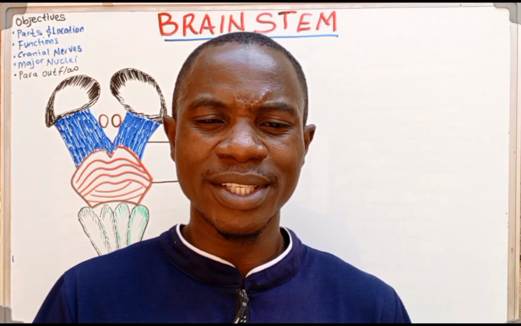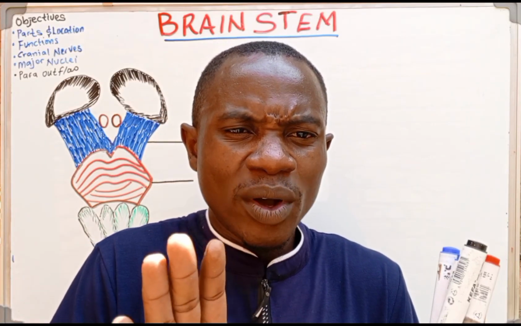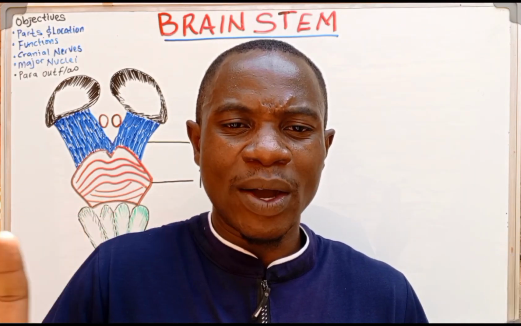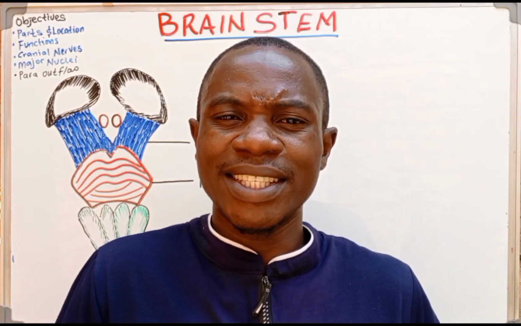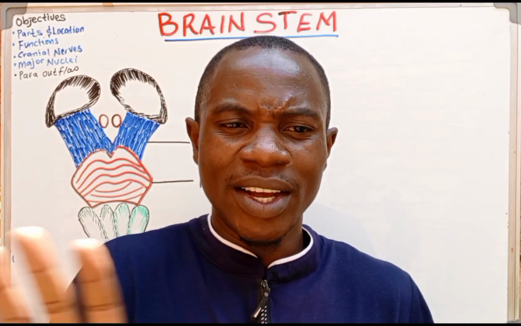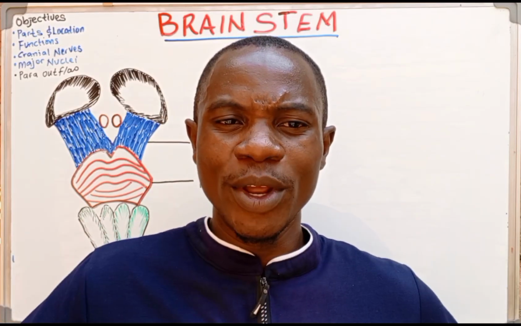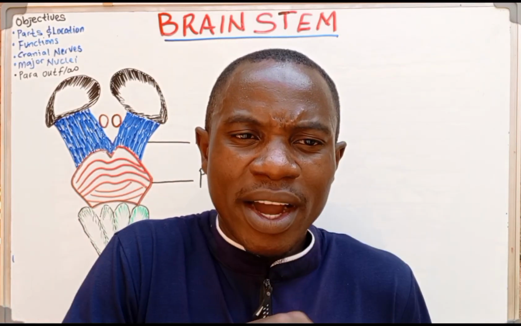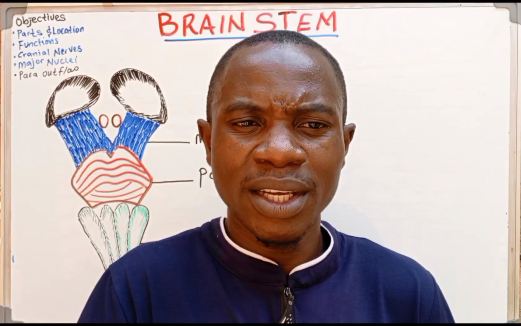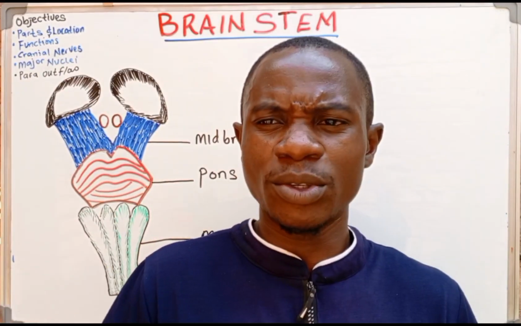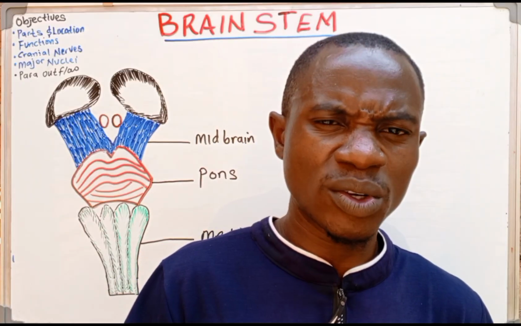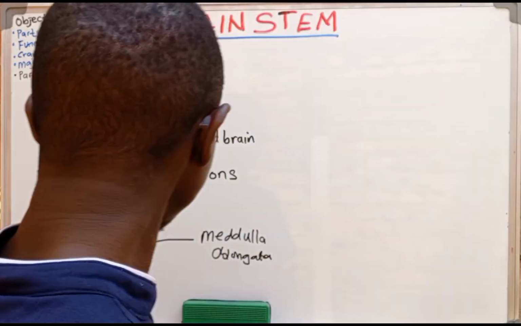But what I want you to know is that it has what we call the cerebellar peduncles, which connect to the cerebellum. They connect to the cerebellum in a bridge way, so that's why the pons is also called the bridge. It is bridging or connecting the two hemispheres of the cerebellum.